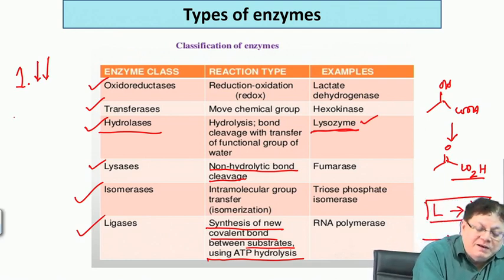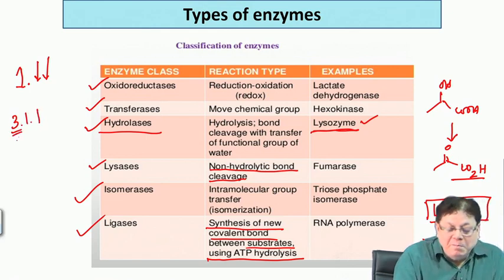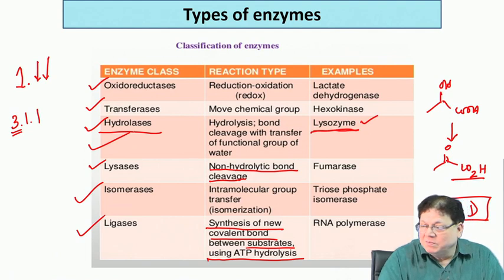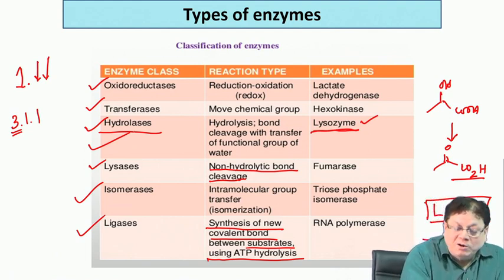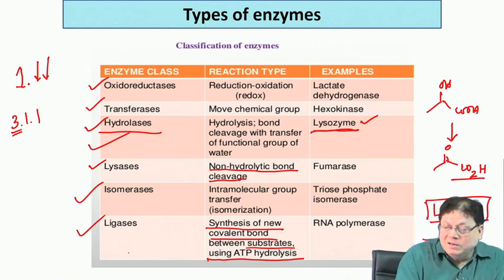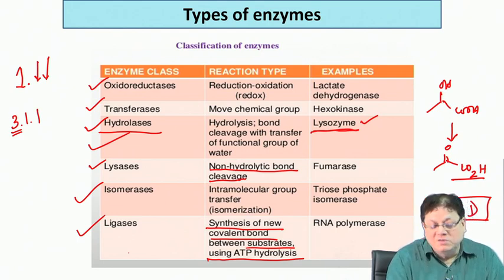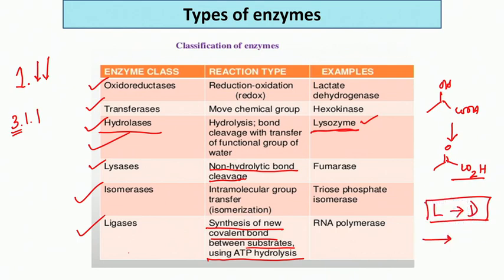Say if I say 3.1.1, the number 3 means that it belongs to hydrolase. Okay. So, that means you cannot change the order of what is written here, that is very important. So, if something is said to be 6.1.2, that means it is a ligase. Okay.